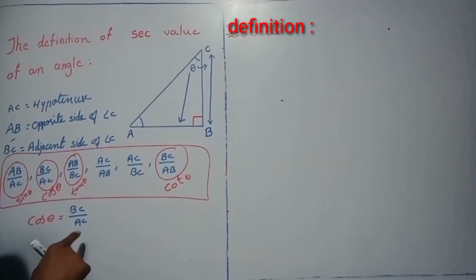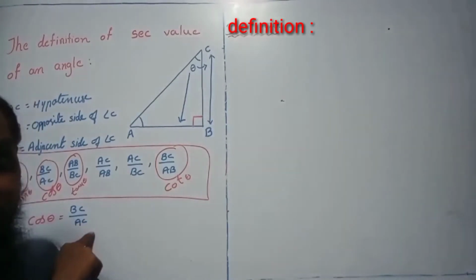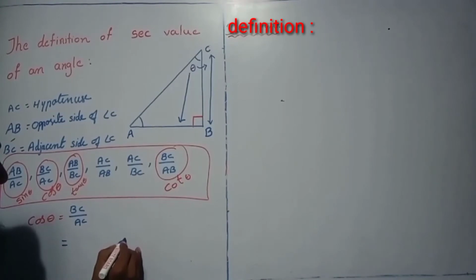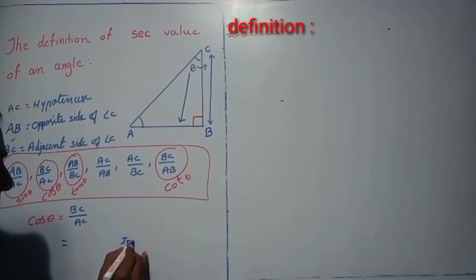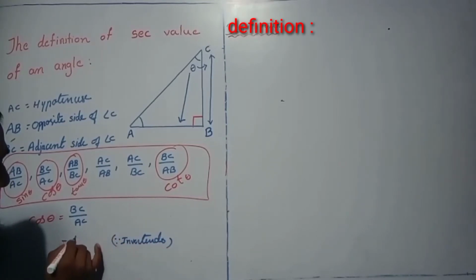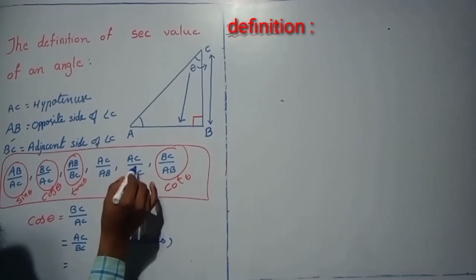If you write the inverse of BC by AC, what will you get? By the property of invertendo, we get AC by BC. So AC by BC is the new ratio.